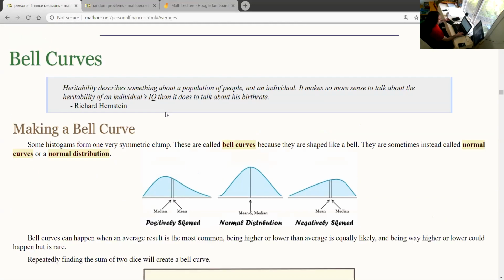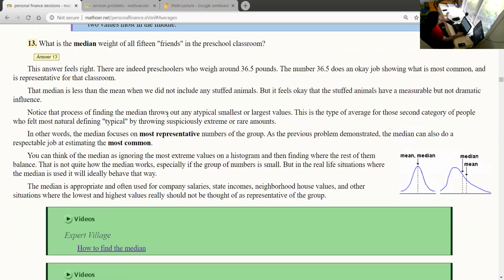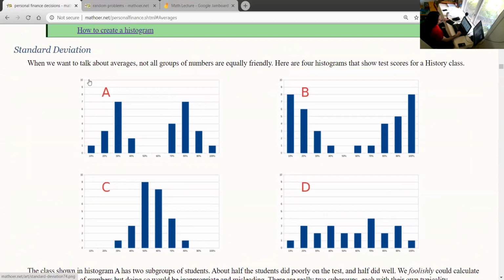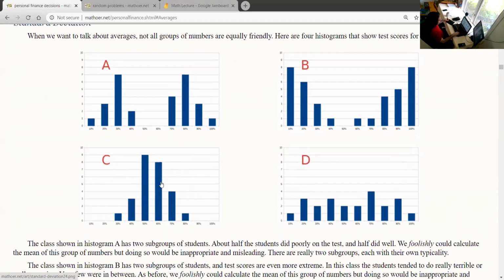We talked about histograms a lot, and we mentioned before this thing called standard deviation. If the deviation is small, very few things deviate from the middle. There's a good representation that, yeah, this population of whatever, heights, weights, incomes, housing prices, costs of stuffed animals, there are typical examples here.